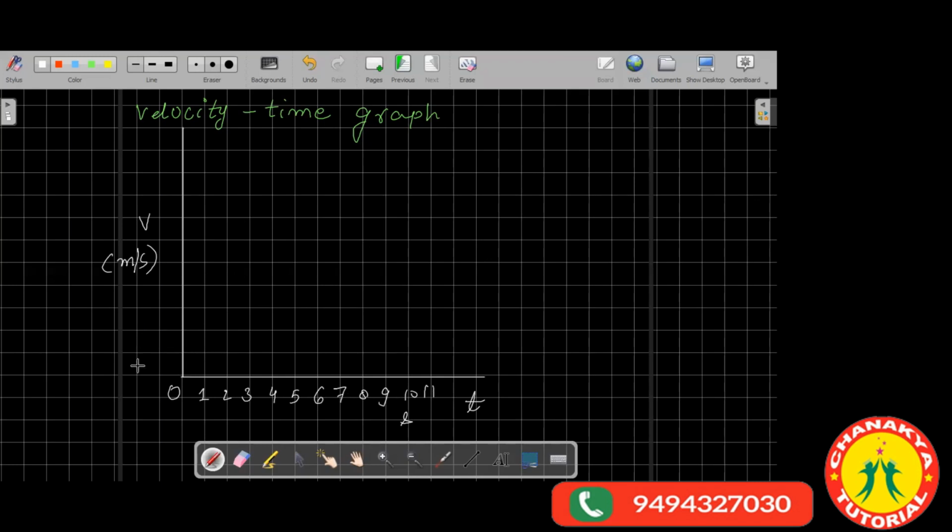Similarly, let's take some velocity points here: 2, 4, 6, 8, 10, 12, 14, 16, and 18. Now, in this velocity-time graph, we can have different shapes of the graph which are possible. Suppose I have a graph like this.